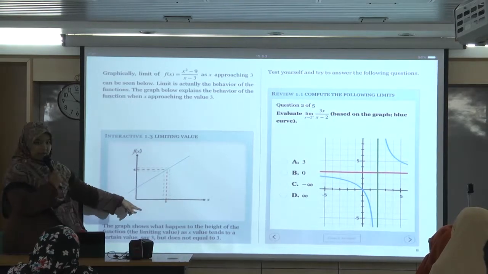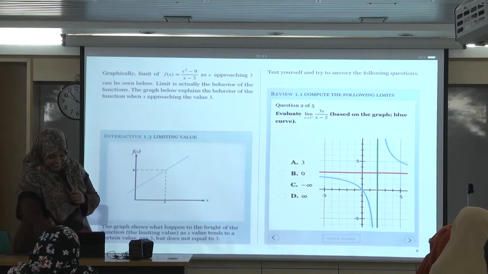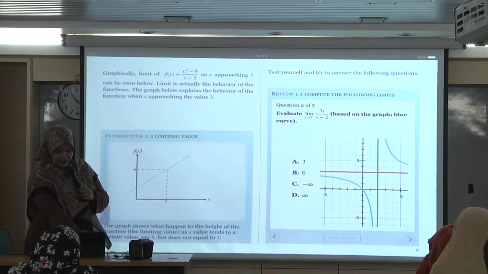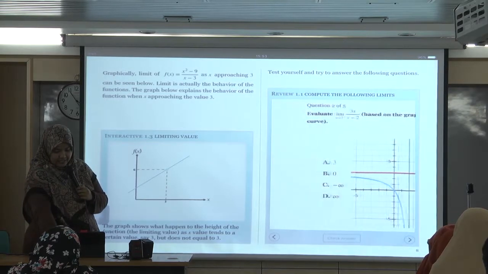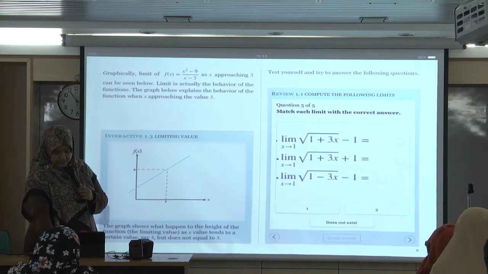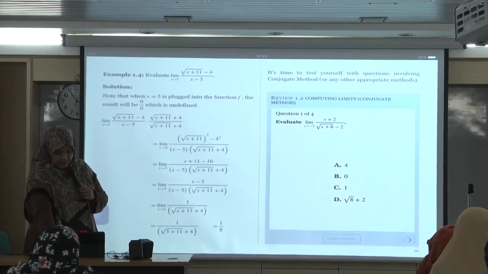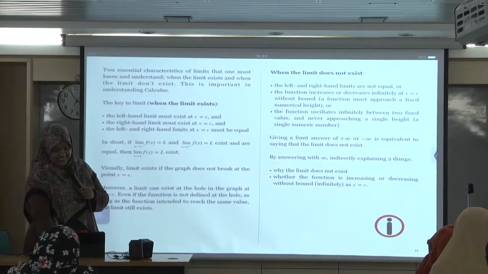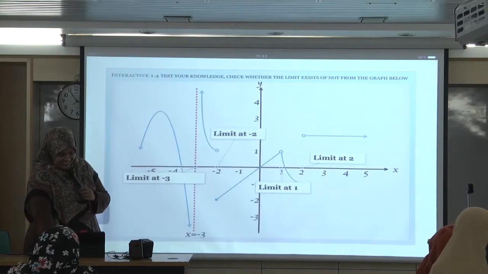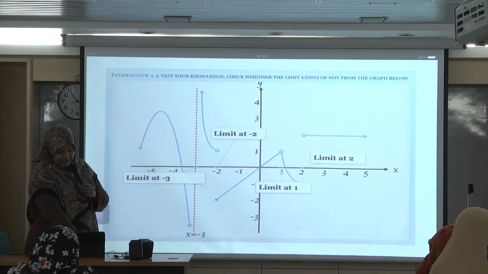Of course it's not complete yet because I haven't leveled it. Alright, so this is a review to check on their understanding. You can just go through the quizzes, and then more examples, more quizzes, and so on. This is just to check the understanding if they want to.